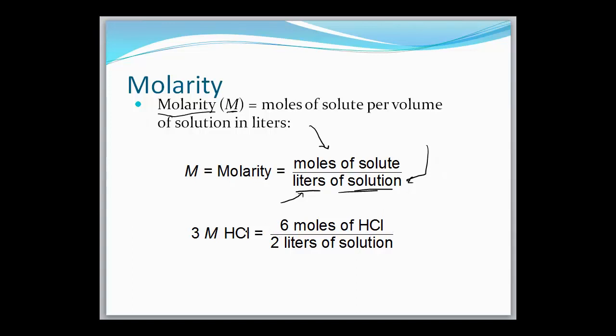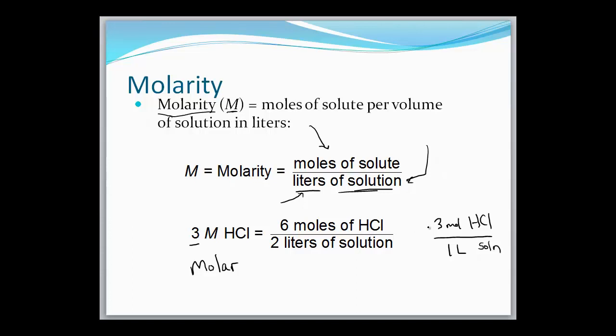So let's say, for example, we are going to make a 3 molar, and that's the way you pronounce it, molar HCl solution. You could do that a number of ways. Typically what you would do is take 3 moles of HCl over 1 liter of solution, or you could have 6 moles of HCl over 2 liters of solution. To be honest, I'm not sure why I have it like this, because that's a little confusing.